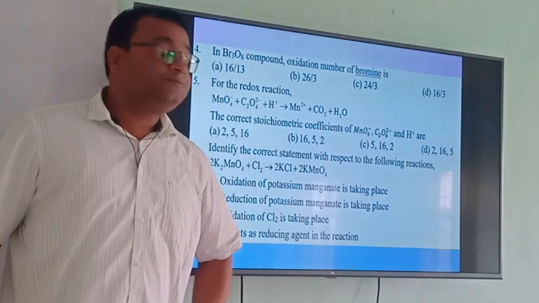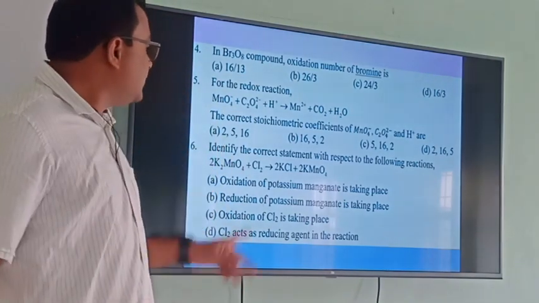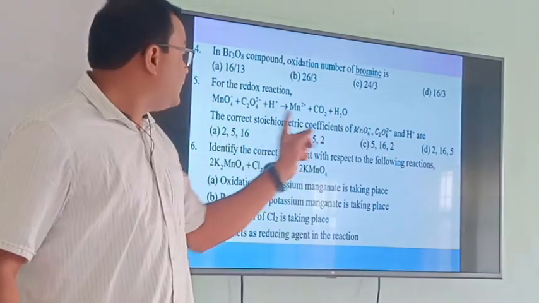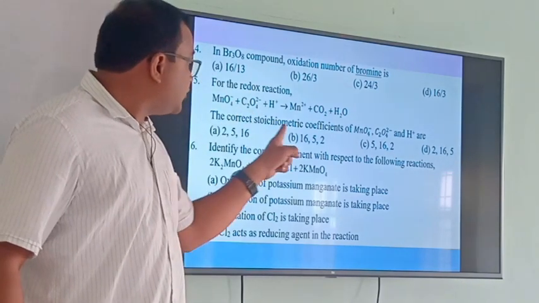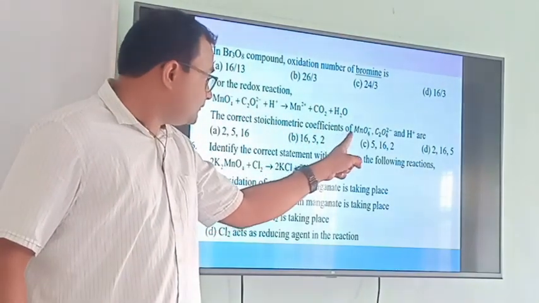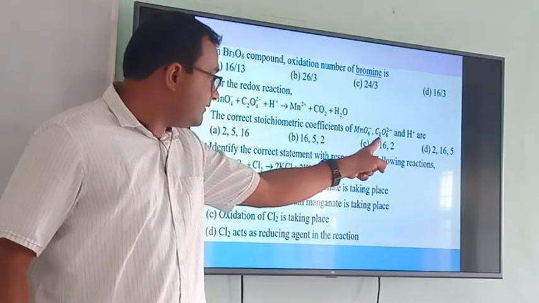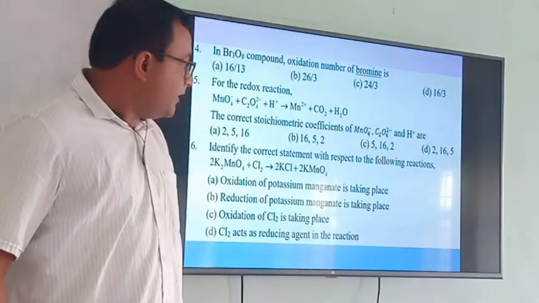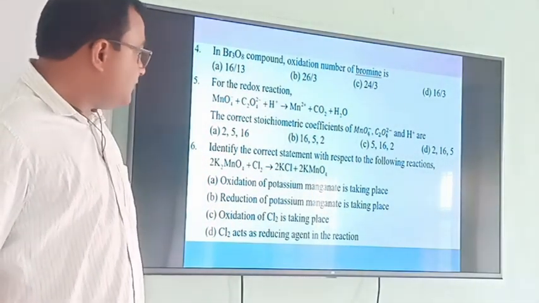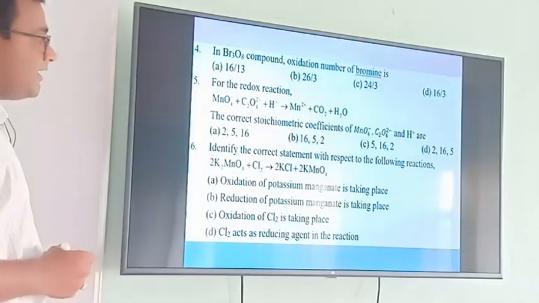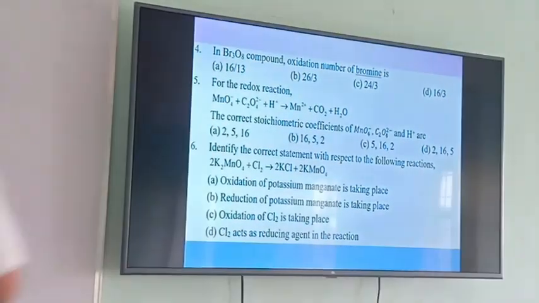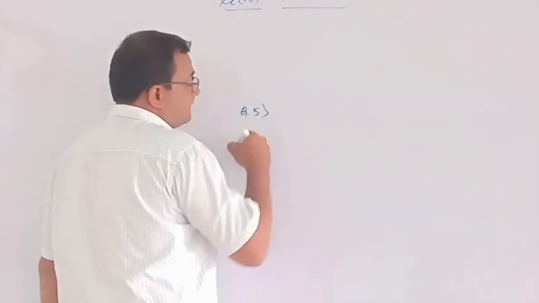For the reaction here, this is the reaction. The correct stoichiometric coefficient of MnO4-, C2O4 2-, H+ is asked. First write the reaction. We need to balance the reaction. So question number 5.